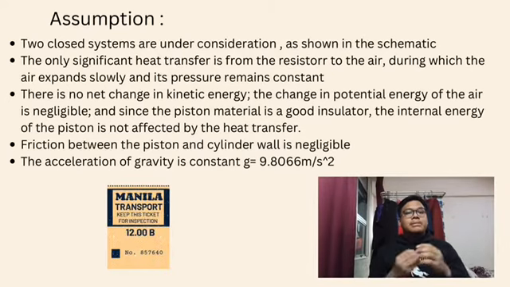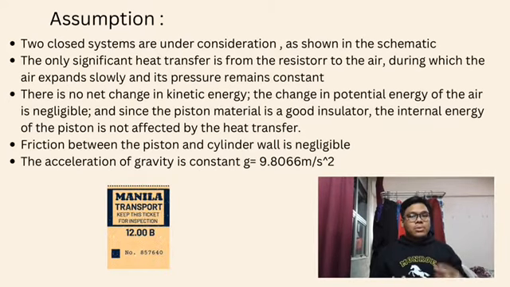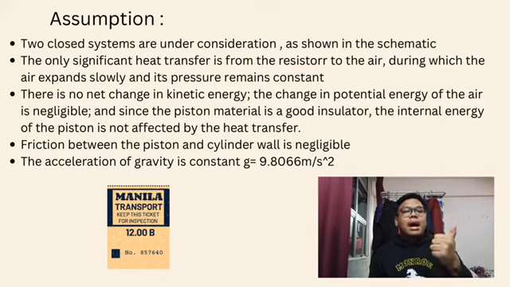There are a few assumptions that we can use in these questions. First, two closed systems are under consideration as shown in the schematic. Second, the only significant heat transfer is from the resistor to the air, during which the air expands slowly and its pressure remains constant. Third, there is no net change in kinetic energy.